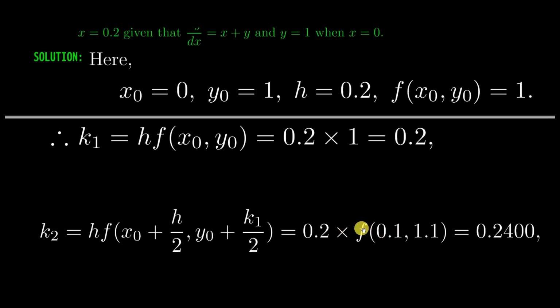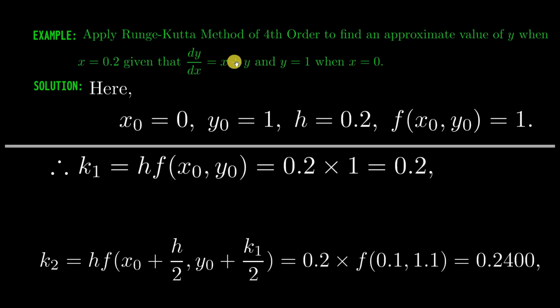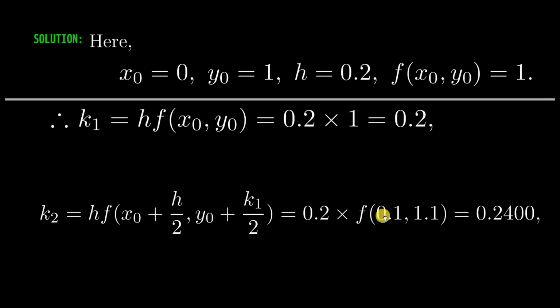Now since the function is x plus y, just substitute x equal to 0.1 and y equal to 1.1 to get the value of this function, and then multiply it with 0.2 and you will get 0.2400. Fine. I hope you have got the idea of how to find k2.